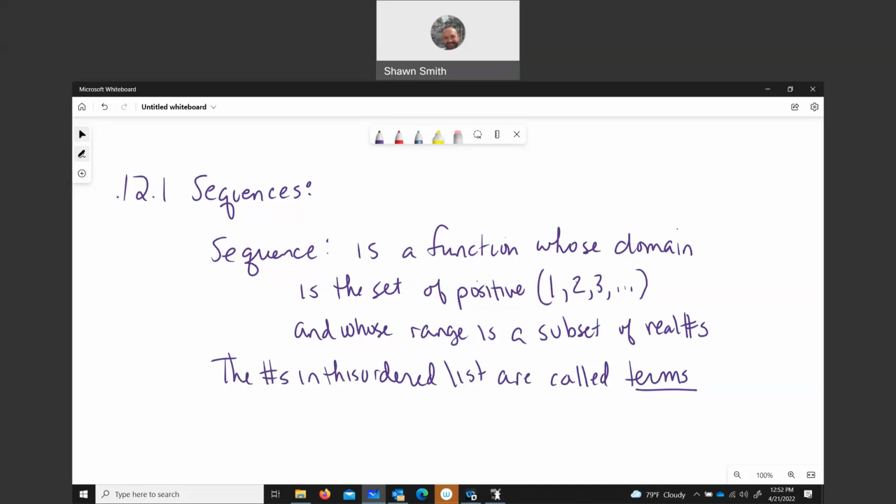Now, we use subscripted letters to represent specific terms in the sequence.